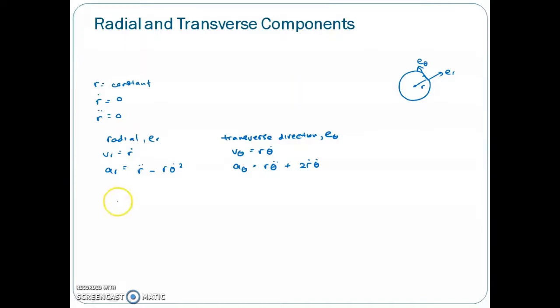Then our a_r can be simplified to only negative R theta dot squared, whereas our a_theta can be simplified to R theta double dot. The R dot here will become 0. Here the R double dot will become 0.